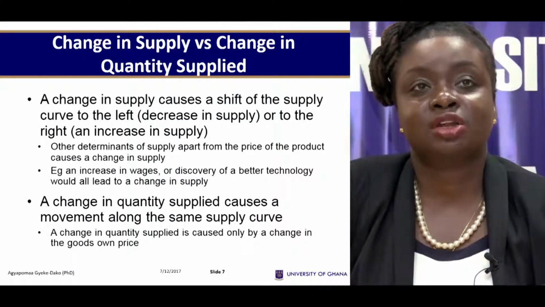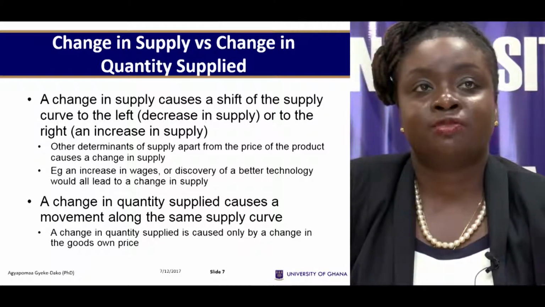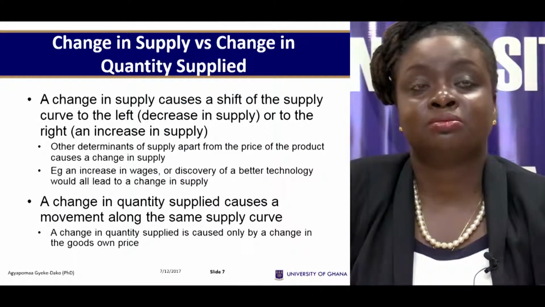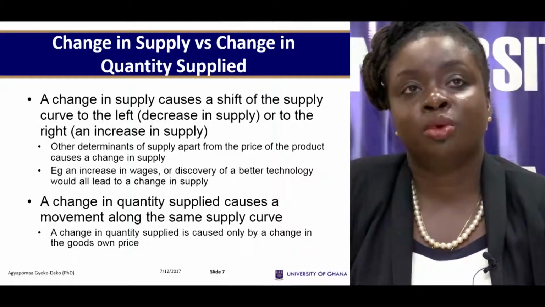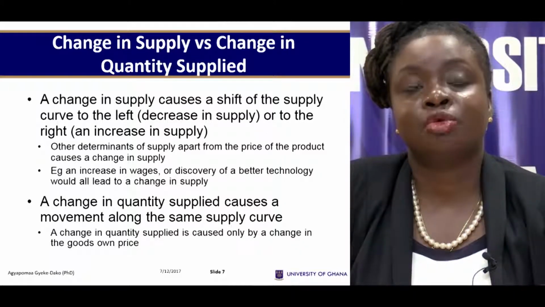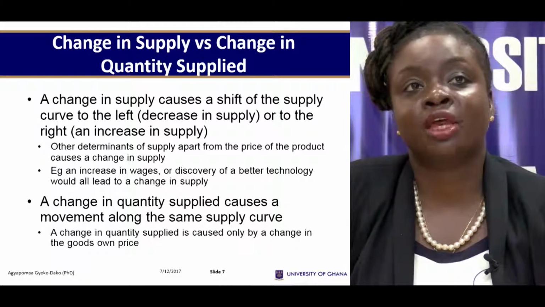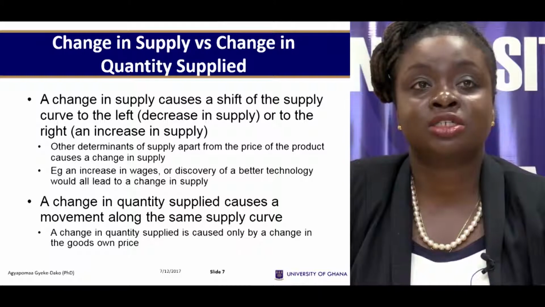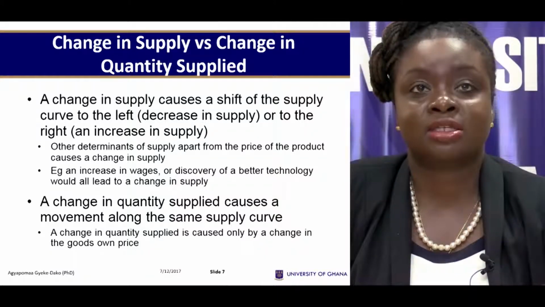So if technology changes, if the price of a related good changes, if taxes change, we would see the supply curve moving either to the right or to the left, depending on the direction of change of these factors.